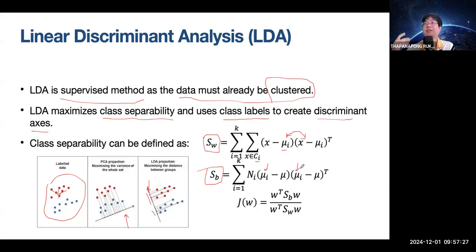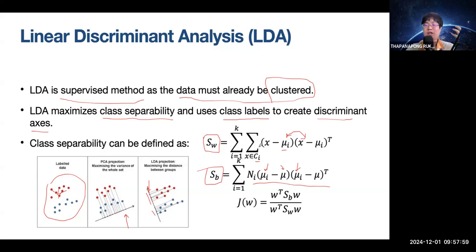Mu i is the average vector of cluster i, and mu is the average of the averages. Basically, it's the average of the entire data set. You calculate the distance from the global average to the local average.